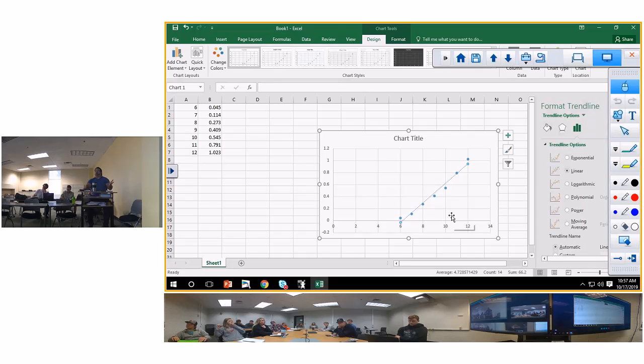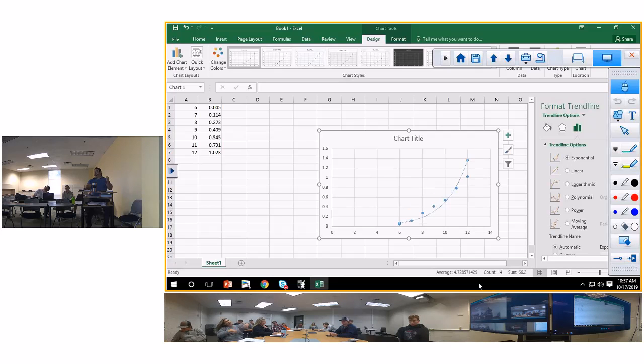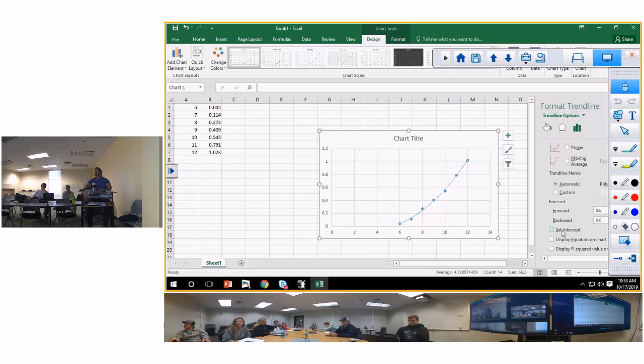What are we studying right now? We're studying powers, right? So you might want to say exponential. That might be the one you want. Or polynomial. Polynomial fits better, but I don't know if that's what they're wanting. And then you would click down here, display equation.